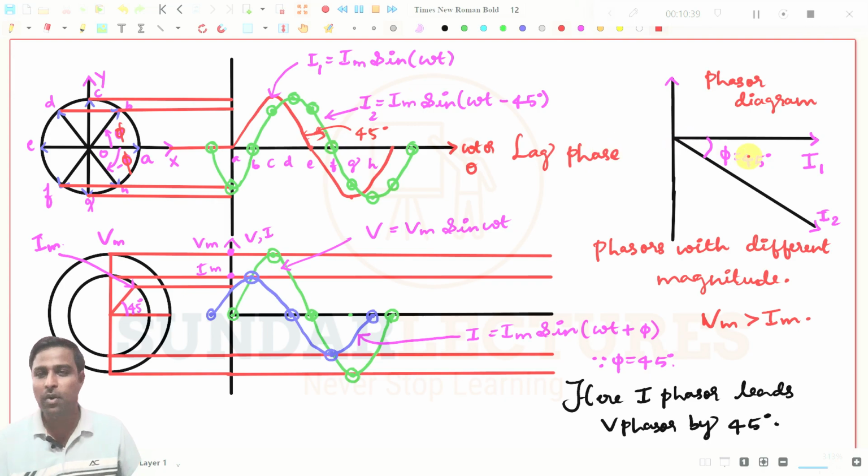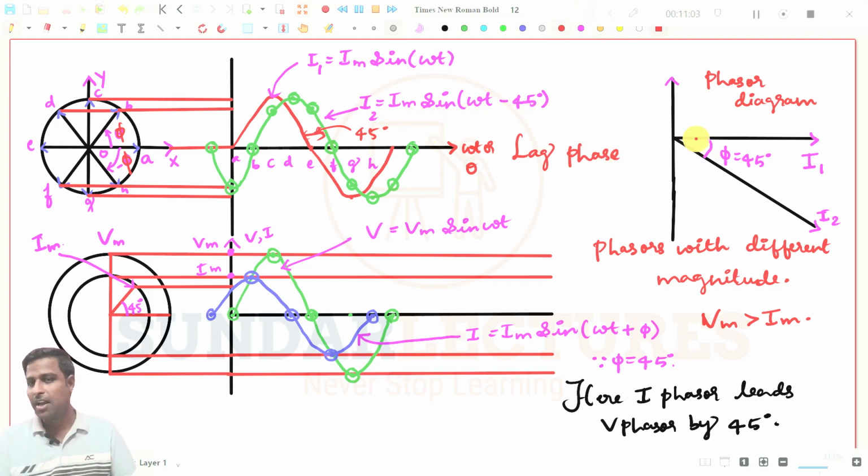So if you want to draw the phasor diagram, see, this is the reference phasor, that is I1, that is nothing but Im sin omega t. Always wherever you see Im sin omega t or Vm sin omega t, all those kind of things will be the reference value. So this is the reference. And what is I2? I2 will be Im sin(omega t minus 45 degree).